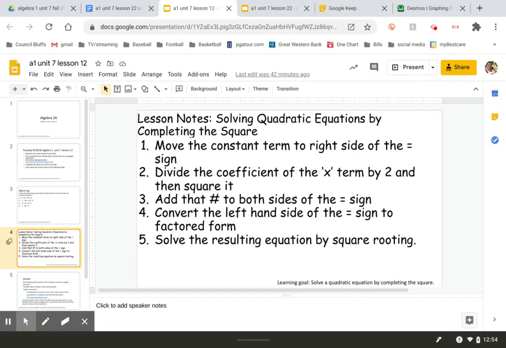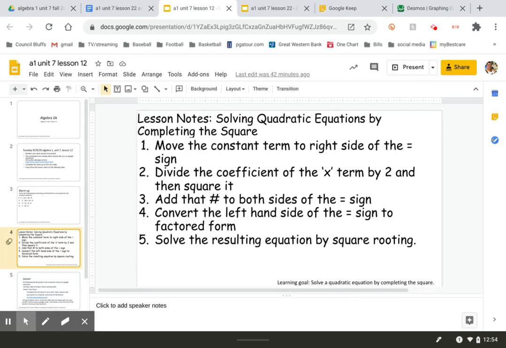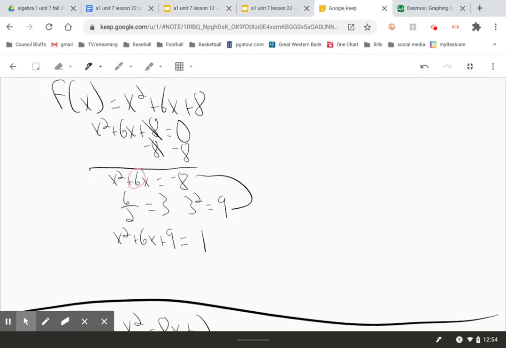Okay. Add that number to both sides of the equal sign. So x squared plus 6x plus 9. On the right-hand side, I have negative 8 plus 9, which is positive 1. And then we're going to convert the left-hand side to factored form. So once again, add, multiply.